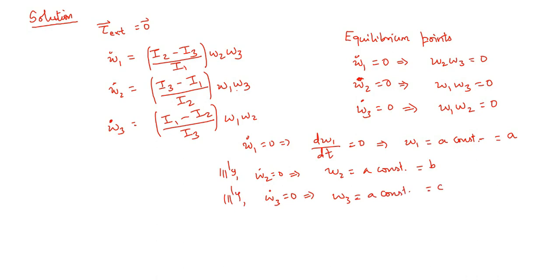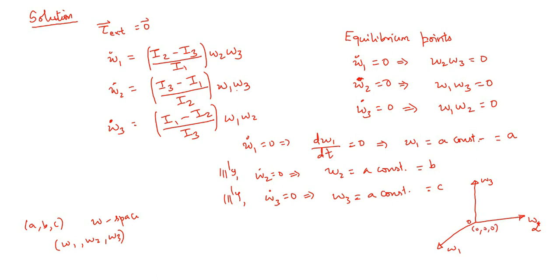Now these points a, b, c lie in the omega space, because the omega space components are omega 1, omega 2 and omega 3. It looks something like this. This is omega 1, this is omega 2 and this is omega 3, and this is the origin, 0 comma 0 comma 0.